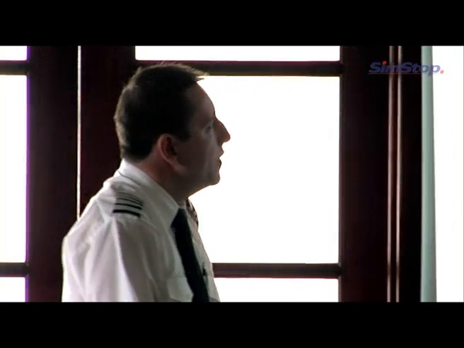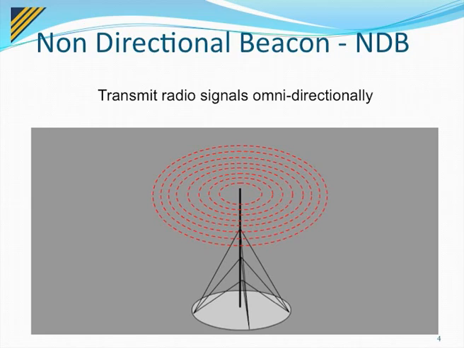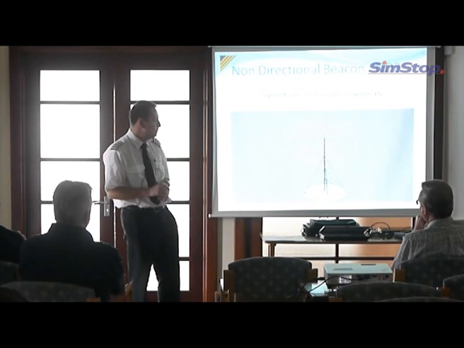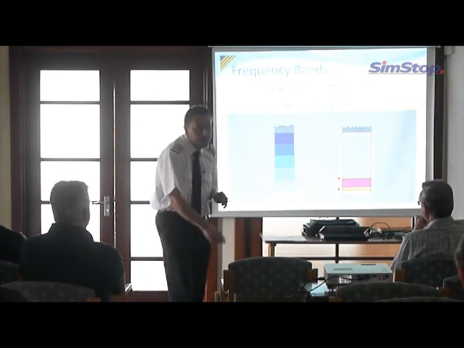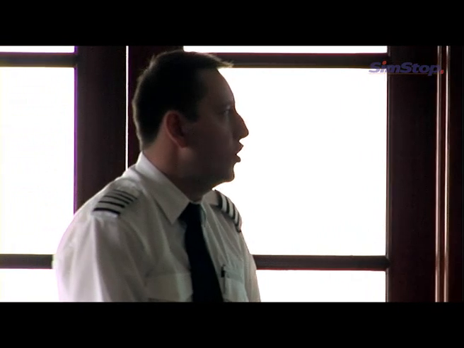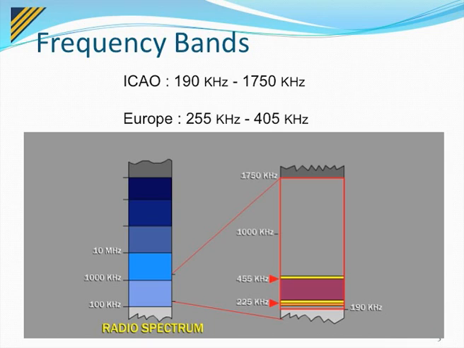So looking in a little bit more depth at the non-directional beacon then, we know that it transmits radio signals omnidirectionally. And they transmit them in a wave pattern, just like any other radio transmission. The frequency bands that they occupy are the low and middle frequency bands.